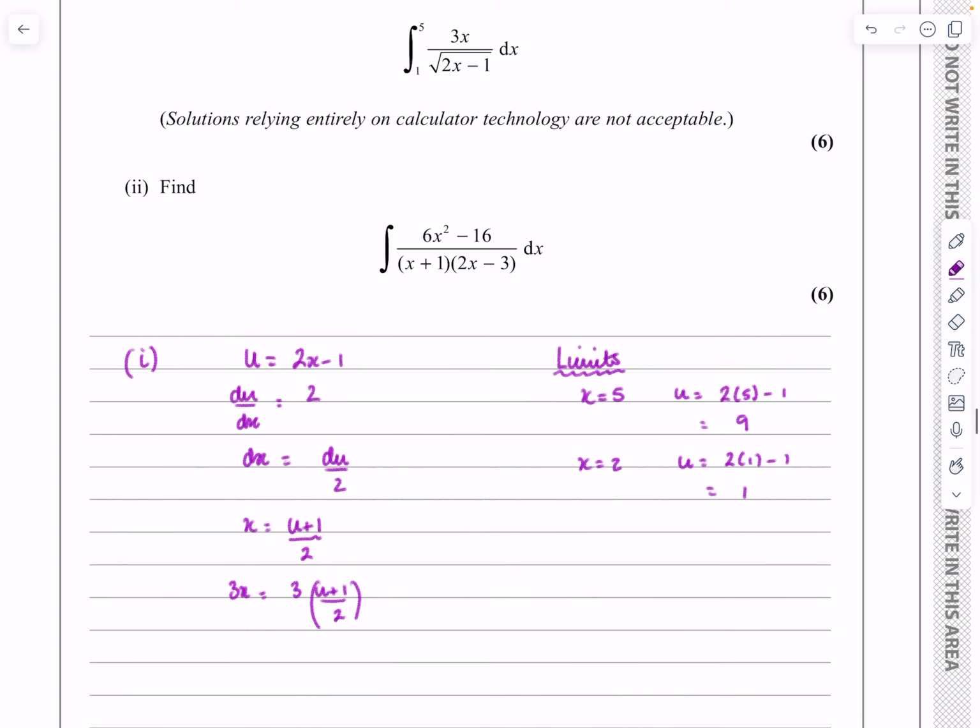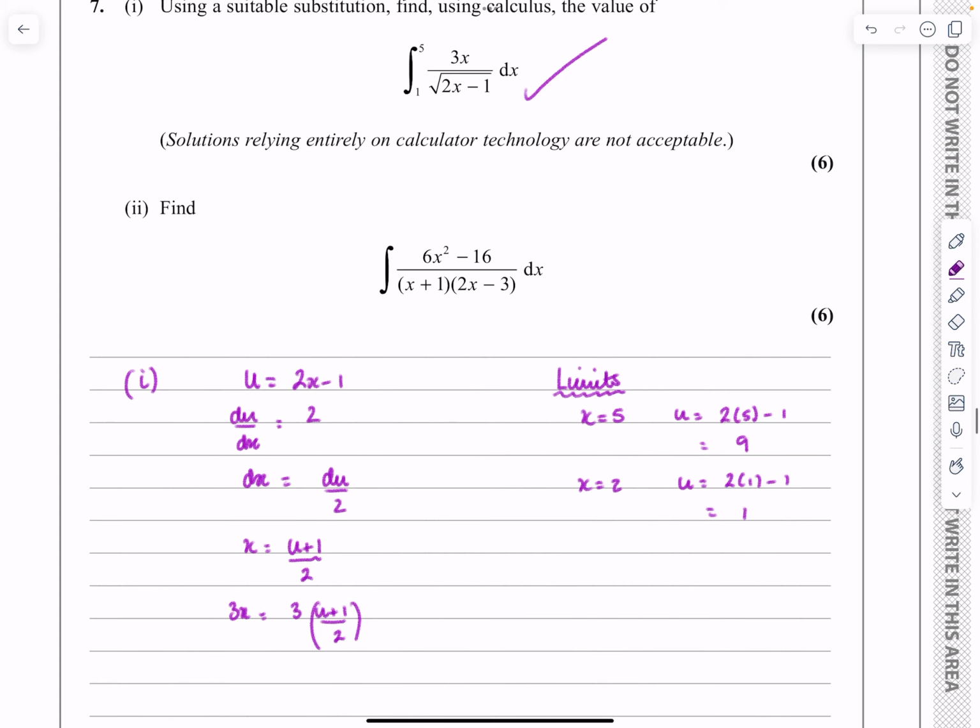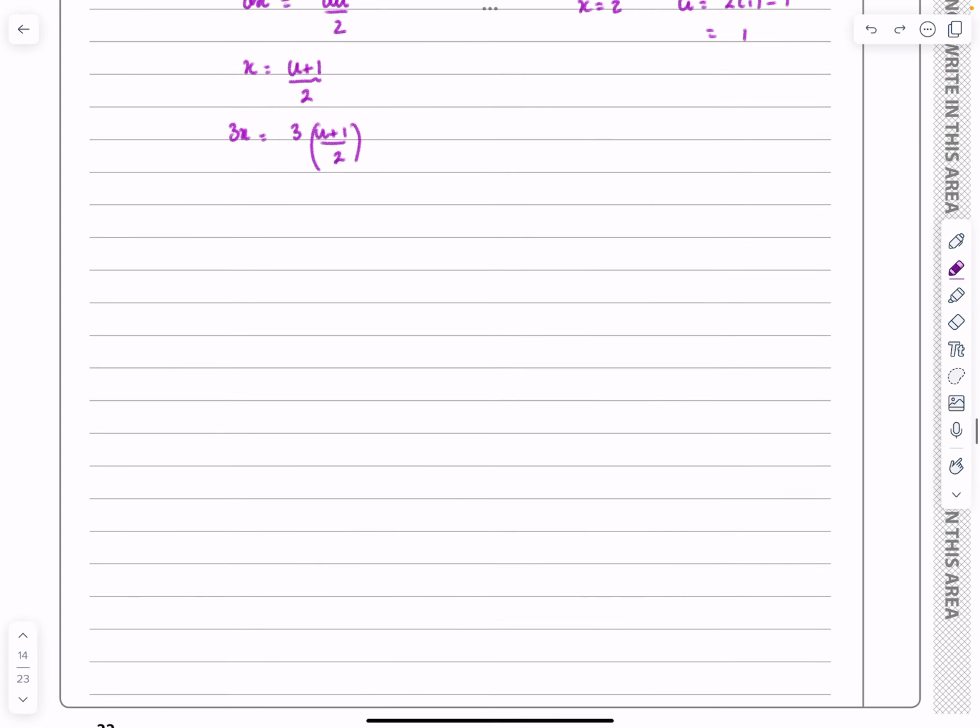So now, hopefully I can fill everything in. Let's do it down here. We're going to say, okay, the question was the integral between 5 and 1 of 3x all over root 2x minus 1 dx.